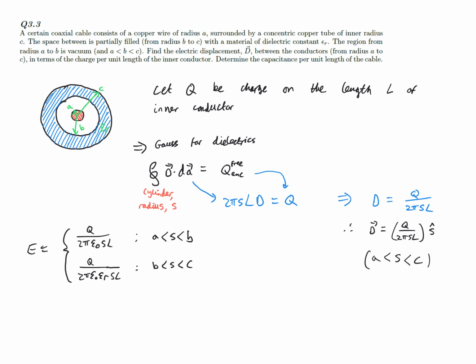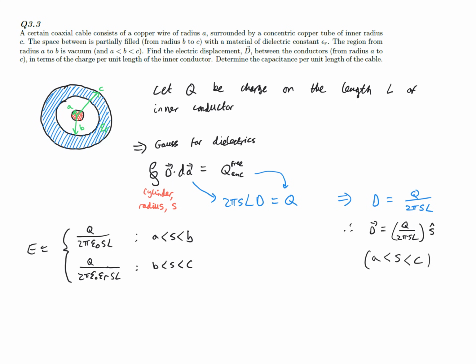Now, to be able to compute the capacitance, which we're asked in the last part of the question, we're going to need to relate the charge to the voltage. The voltage is, of course, the potential difference, and therefore we need to compute the potential evaluated at A and the potential evaluated at C, because the voltage is applied between the inner and outer conductors of the coaxial cable, so the potential difference between radius A and C is the voltage.